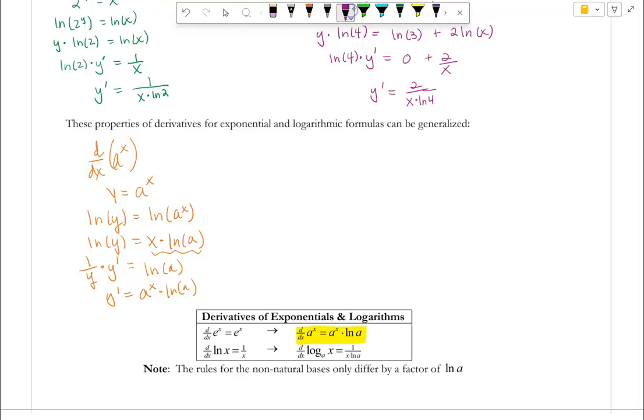All right, and then the same goes with our rules for taking the derivative of the log of any base. So if I take the derivative of the log of any base a of x, again, we're going to think of rewriting this as y equals log base a of x. We can exponentiate both sides.